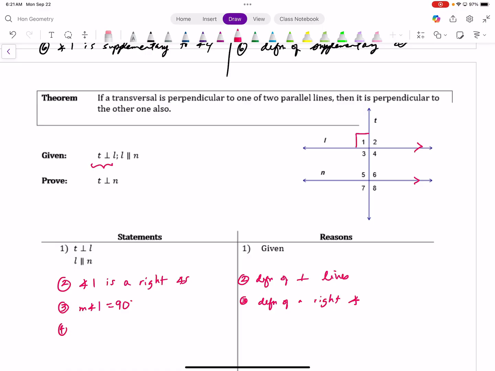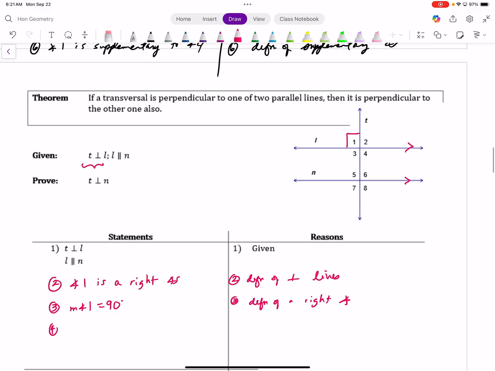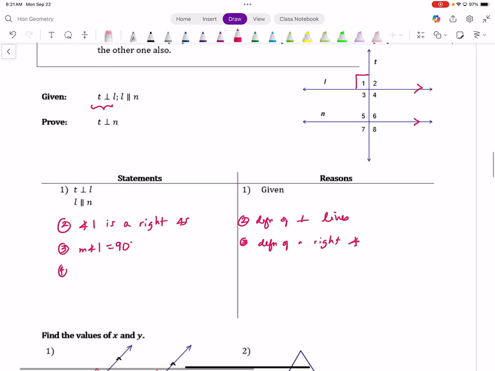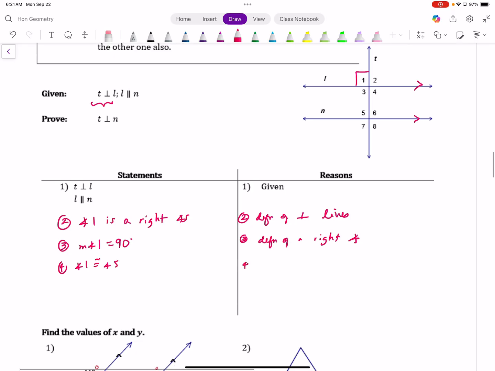Let's see what we want. We have to keep talking about angle 1 because that's the only one we've thrown in so far. We know that angle 1, oops, come back. Why does the screen act like that? It's weird. So angle 1 we know is congruent to angle 5 because when parallel lines are cut by a transversal, that implies congruent corresponding angles.